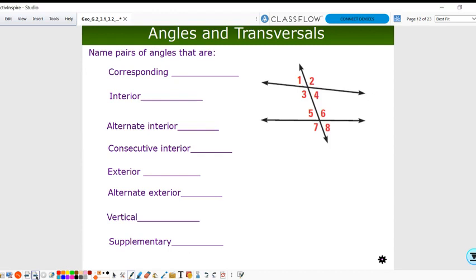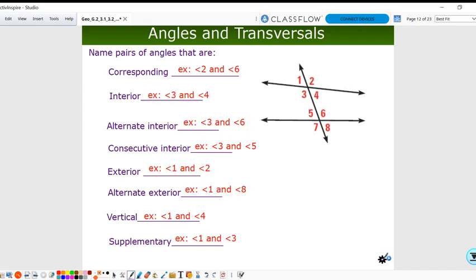Take a moment to see if you can identify all the different kinds of angles from our picture here. For example, corresponding angles might be 2 and 6. Interior angles could be 3 and 4. Alternate interior angles, 3 and 6.